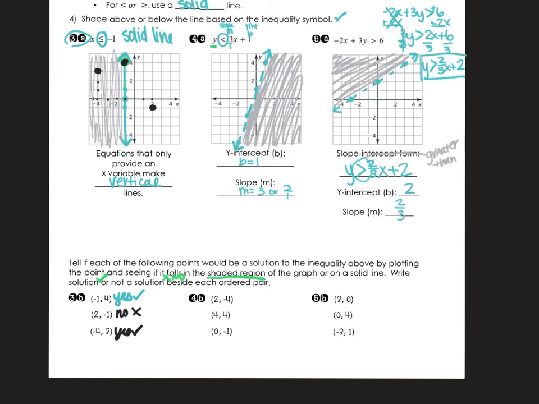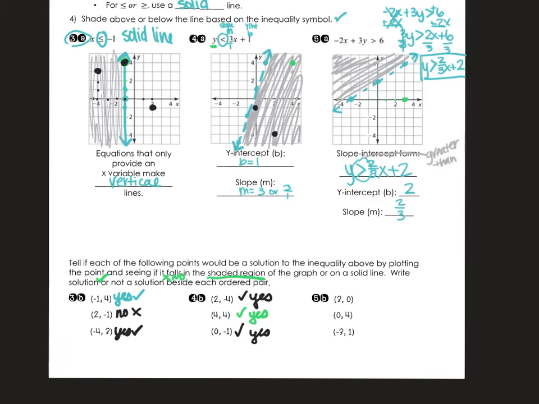Okay, go ahead and take a pause and you try number 4b. Okay, hopefully you're just checking. So all of those actually worked. You can see I plotted them up here on my graph, and then they were all within that, so they were yeses.